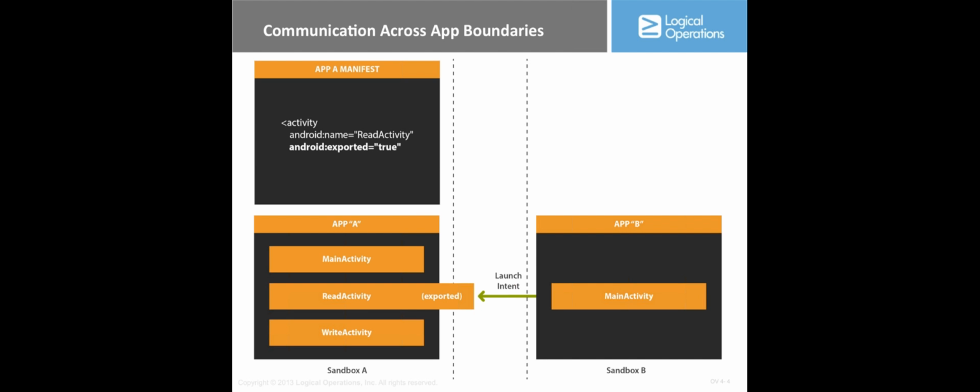So we're going to get into the importance of putting true and definite parameters within the app manifest, because not only is it capable of export, but it is going to receive information from another app.